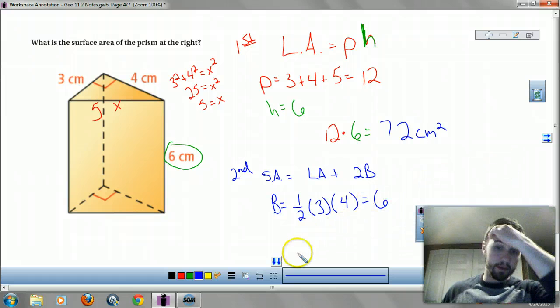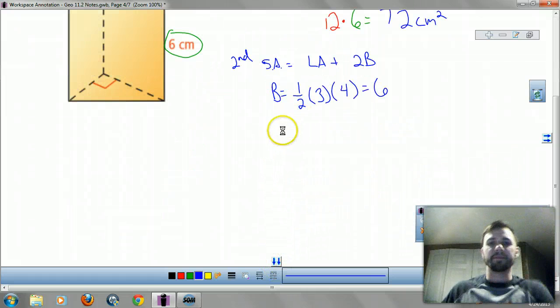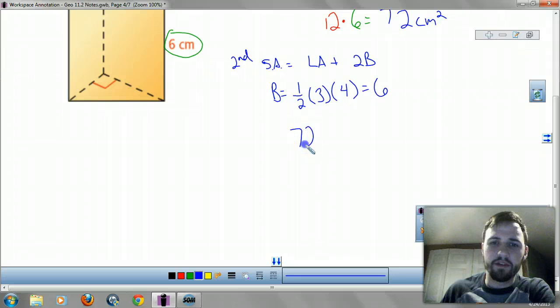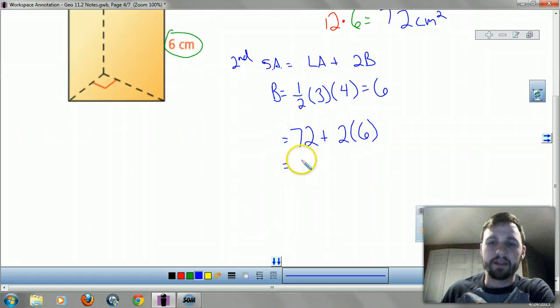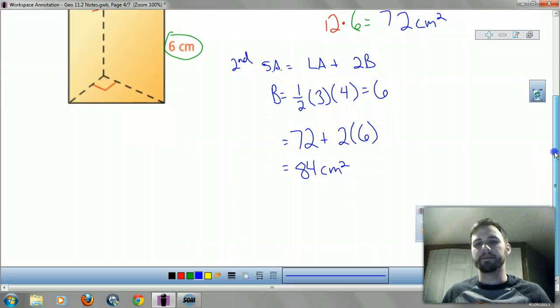Let's plug this all in. My lateral area was 72 plus 2 times my base, which is 6. 72 plus 12 is 84 square centimeters.